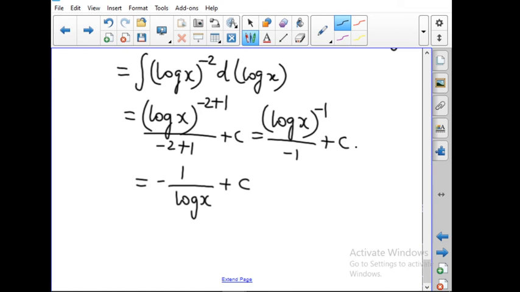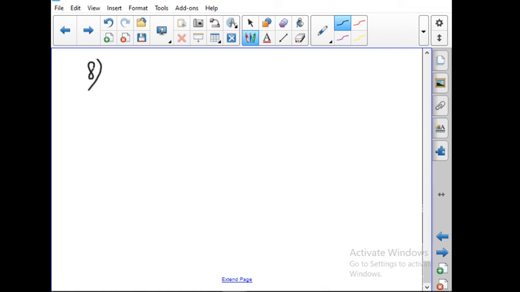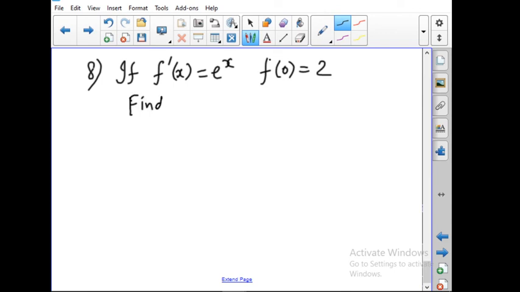Now let us go with the 8th problem. Similar to this 8th problem, we have seen two sums in the previous exercises. When f'(x) is given, if f'(x) is equal to e^x, f(0) is equal to 2, then find f(x).